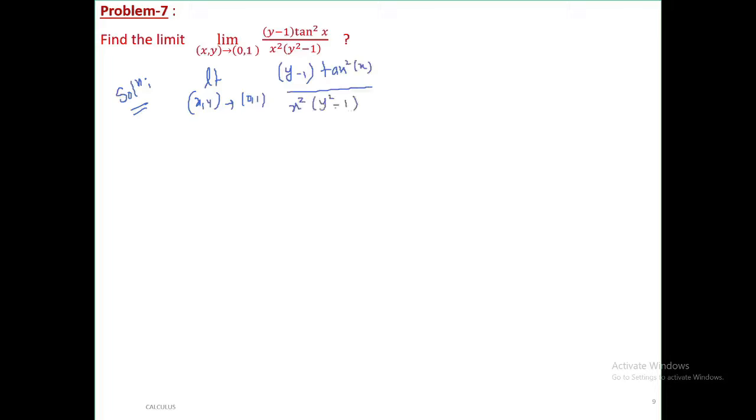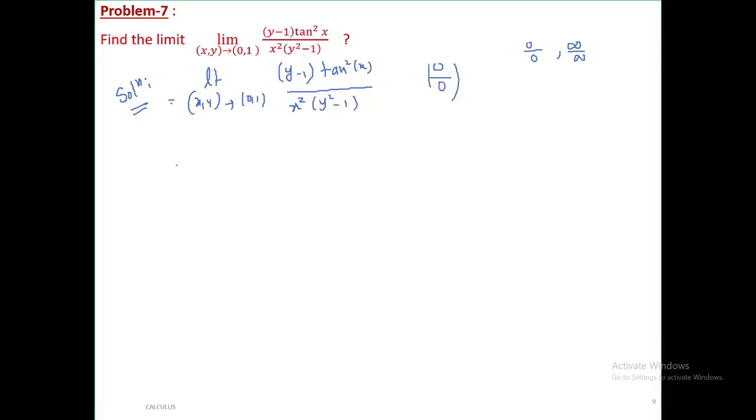See, blindly don't proceed directly by path limits. If you are getting 0 by 0 or infinity by infinity, then only we can go for path limits or simplifying the function. Substitute the limit 0 comma 1. If x is 0, tan 0 is 0, and y is 1, minus 1 is 0. So the numerator is 0, divided by the denominator, x value is 0 and y value is 1, minus 1 is 0. So I am getting 0 by 0 form.